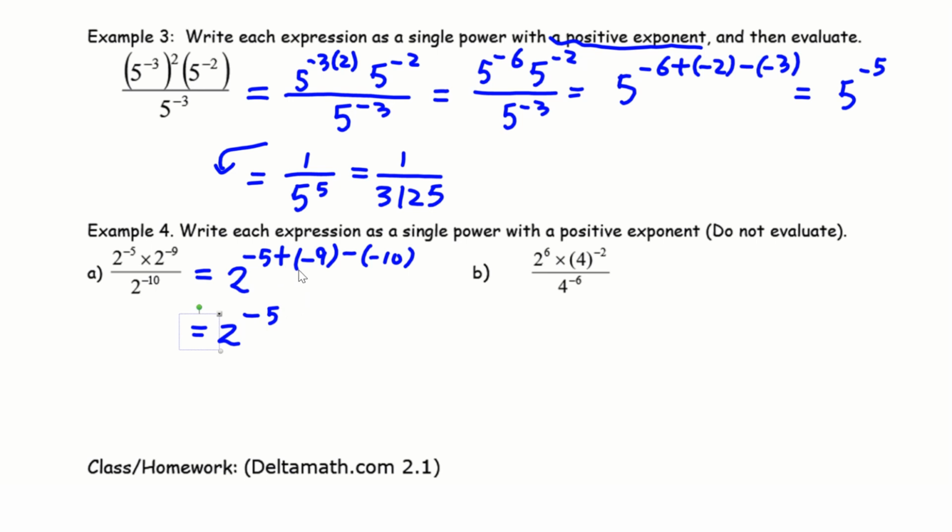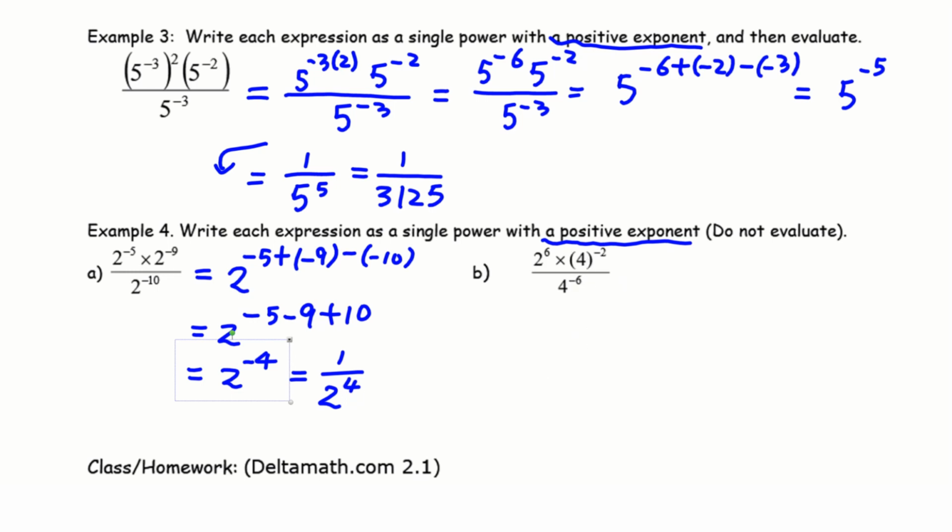Get rid of the double sign. Plus minus, different signs give you negative. Minus minus gives you positive. Then you have 2 to the exponent negative 4. Then we don't want to see the negative exponent. We are going to flip it. And do not evaluate. We just leave it in this form, then it's okay.